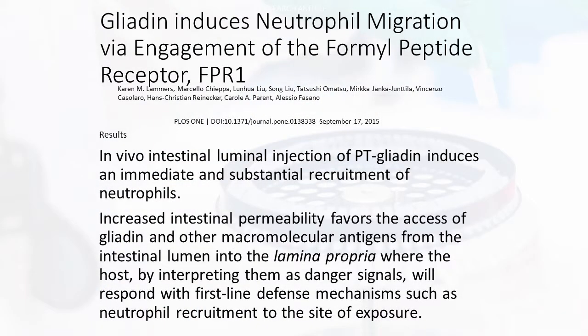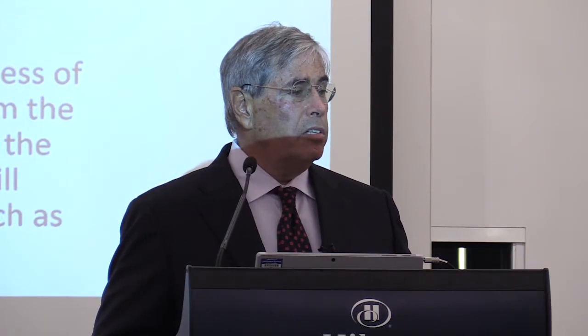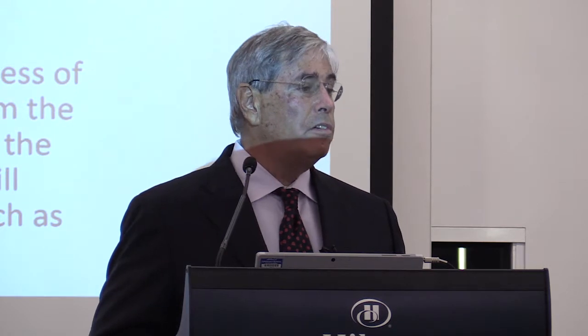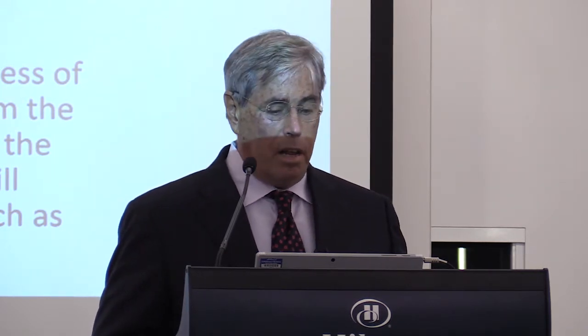About a year and a half ago, Fasano's group, working with people at the National Institutes of Health Leukocyte Biology Research Center, actually established that when an experimental animal is exposed to gliadin in vivo, the cells become activated, the neutrophils become activated.